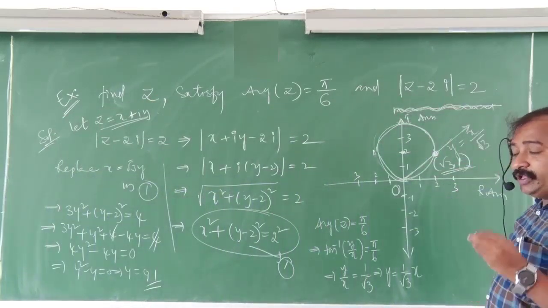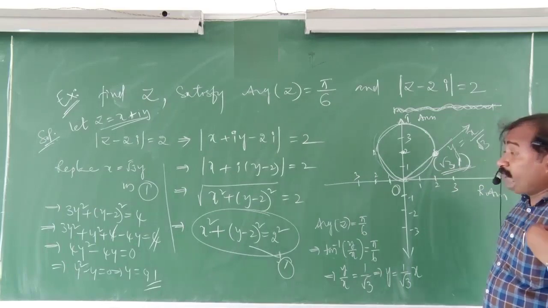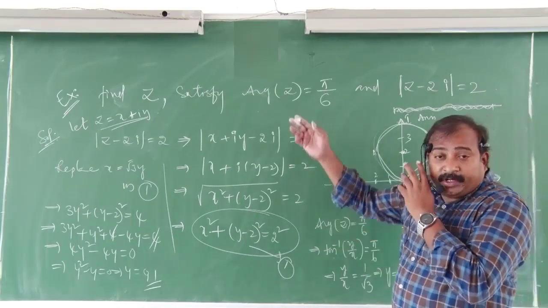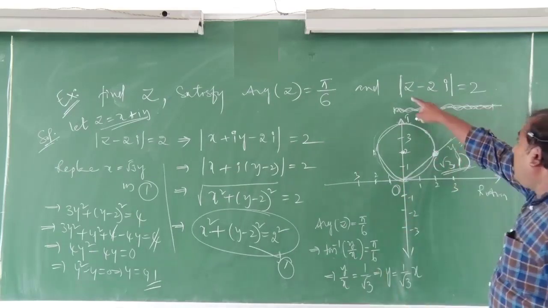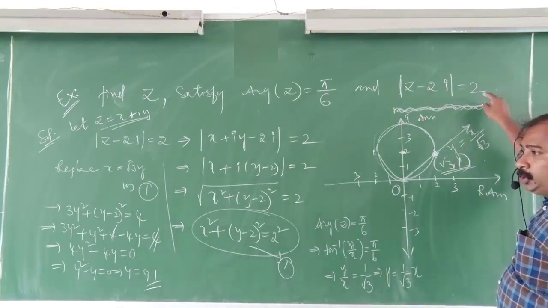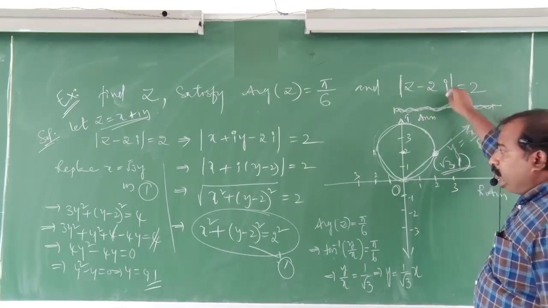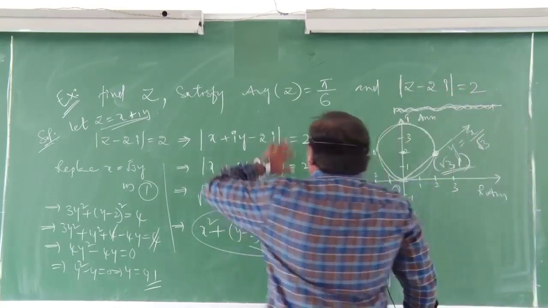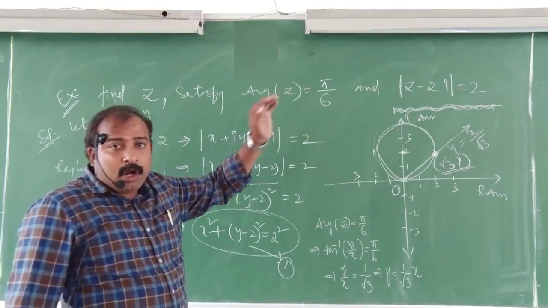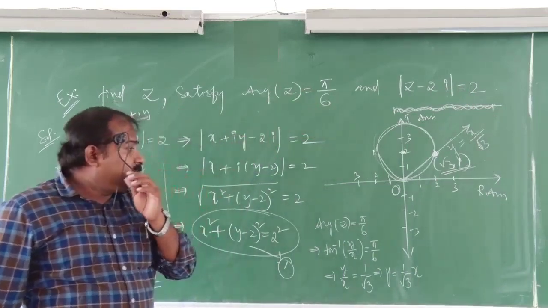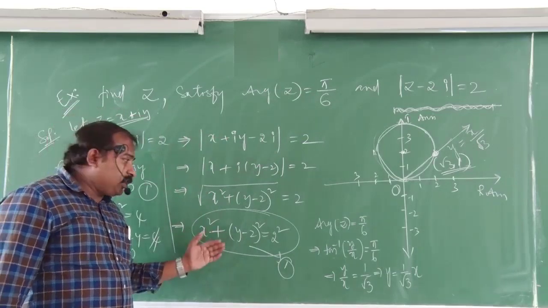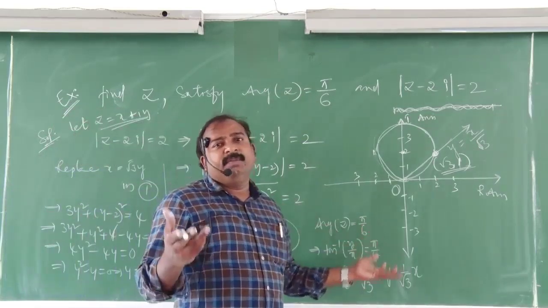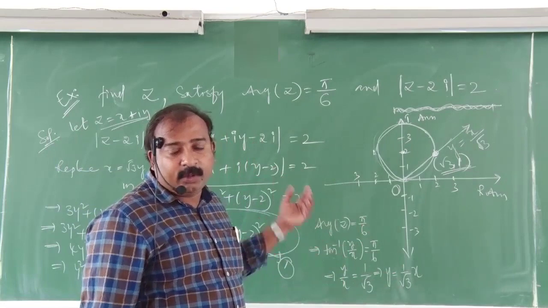To fix that particular z value, first we have to know what argument of z is geometrically and what modulus of z minus 2i equal to 2 is geometrically. All these equations given in the complex plane, we are converting into Cartesian forms. After converting into Cartesian form, it will be easy to calculate the required value.